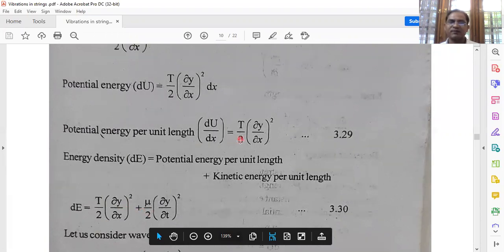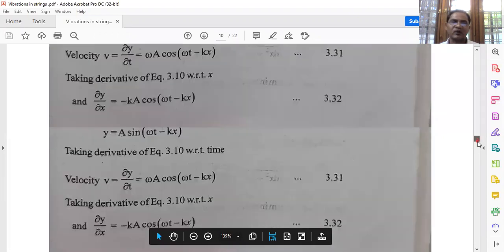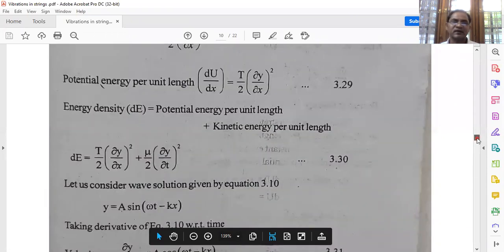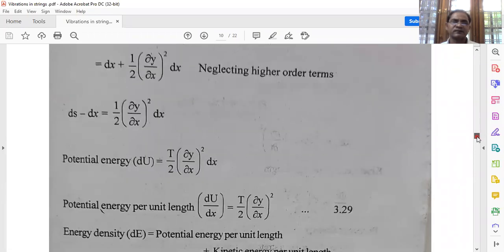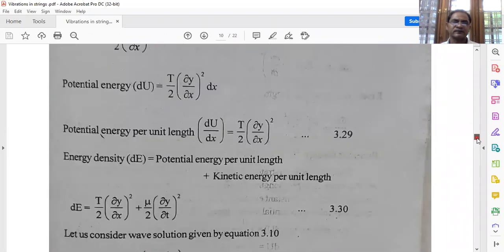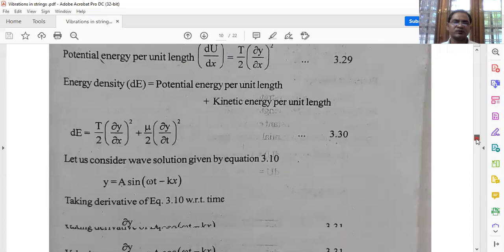The kinetic energy per unit length we got as mu by 2 (dou y by dou t) whole square. So by adding these two, we got this expression.